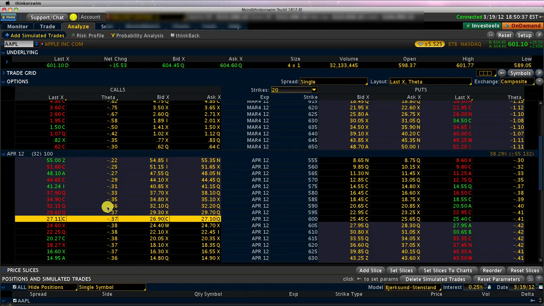So if you are planning to take a position like that and capture some time decay over the weekend, I would suggest that you either do it on Thursday evening or early on Friday morning, before the market makers start to shave off some amount of option price for the weekend.